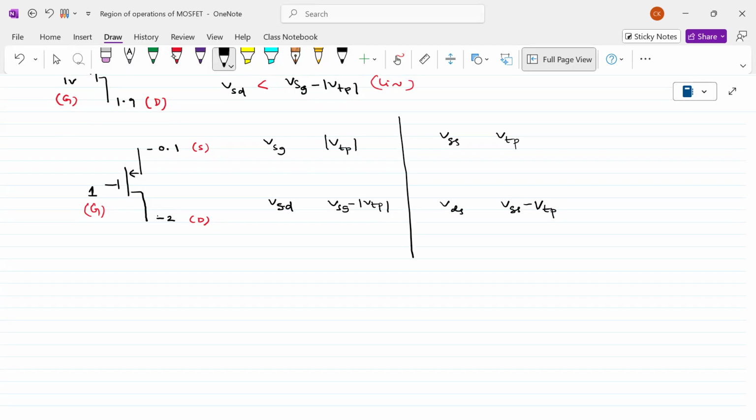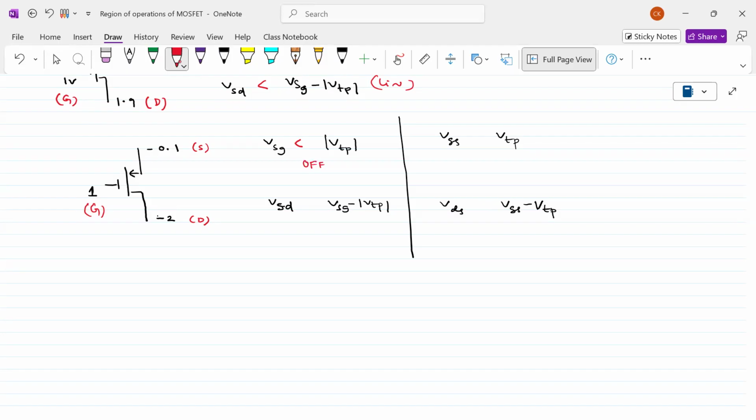What is the first relation between VSG and the magnitude of VTP? So less than or, right? So what we can say, this is the cutoff region.